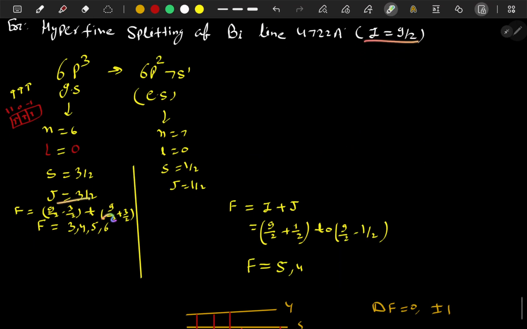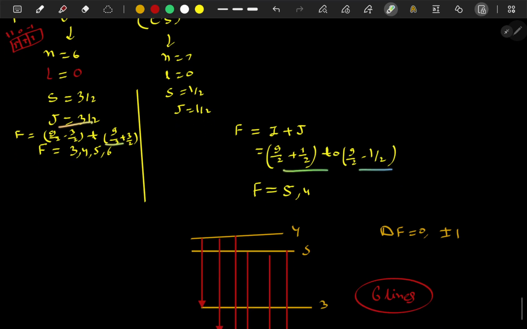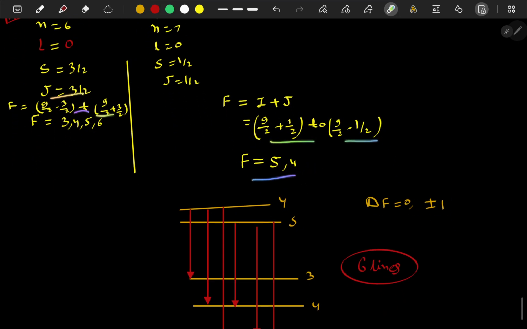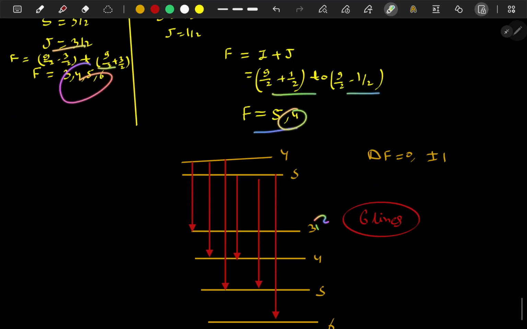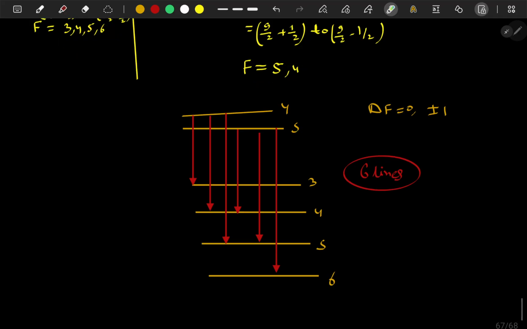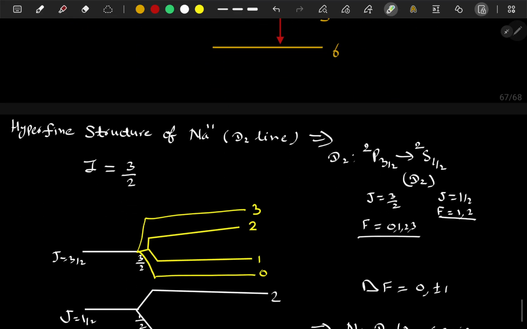So we have F values 3, 4, 5, 6 and 5, 4, 3, 4, 5, 6. Now make the transition with delta F equal to 0 and delta F equal to plus or minus 1. So we are having 6 lines here.